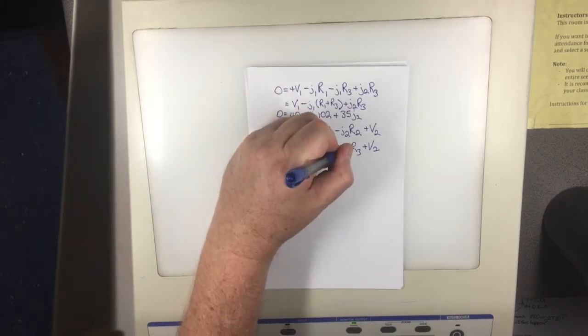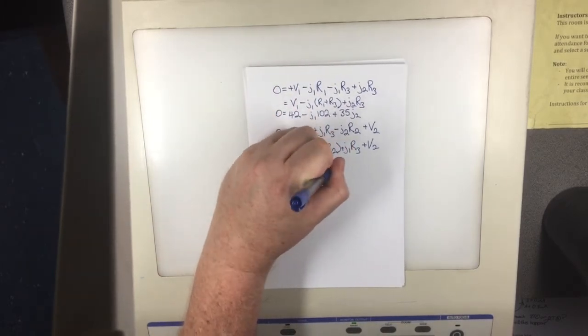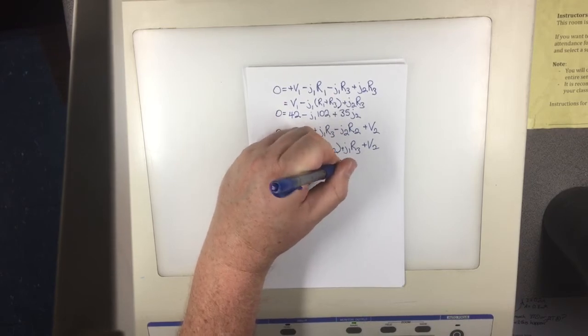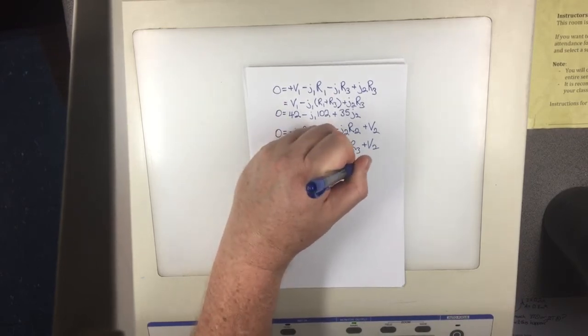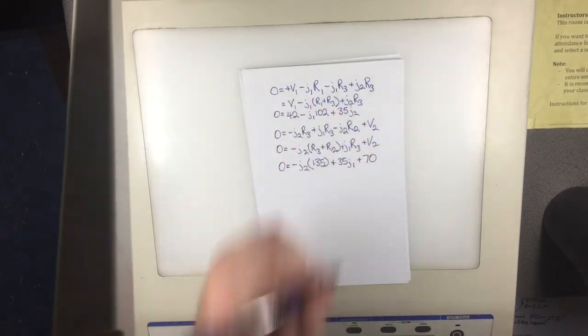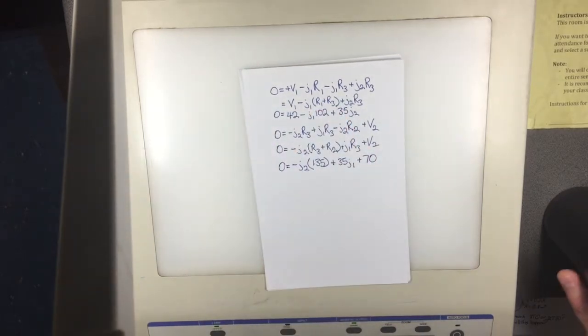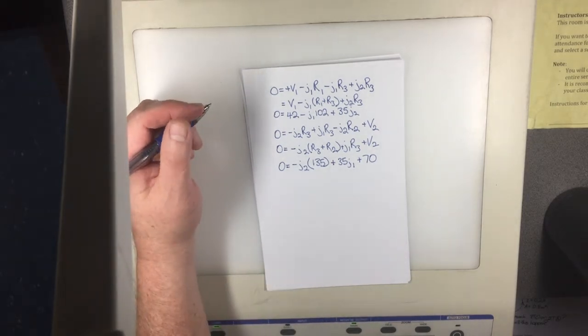Oop, hold on, there. R3 is 35, J1 and V2 is 70. Now, I think, why did I pick these numbers? These are weird. All right.